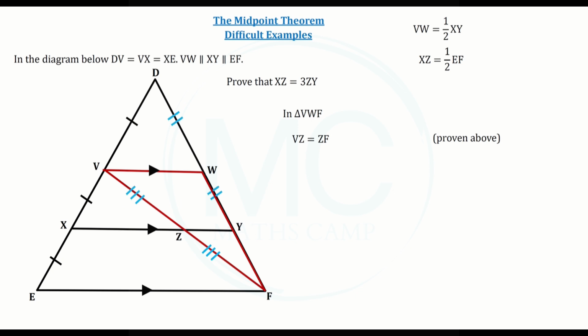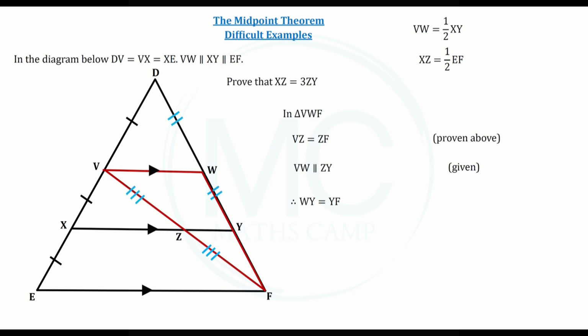We also know that VW is parallel to ZY. So we can say VW is parallel to ZY because this has been given to us. From this, we can now see that Y is the midpoint of WF. So we can say WY is equal to YF.